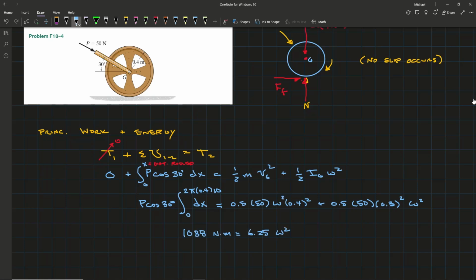And this omega up here also needs to be squared. So our result then turns out to be 1088 Newton meters equals 6.25 omega squared, or omega equals 13.2 radians per second.